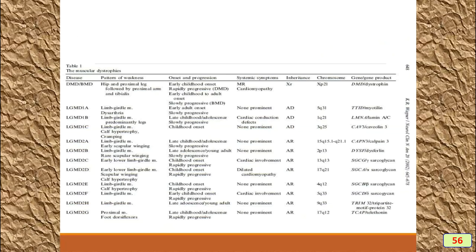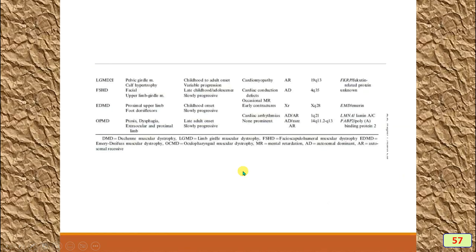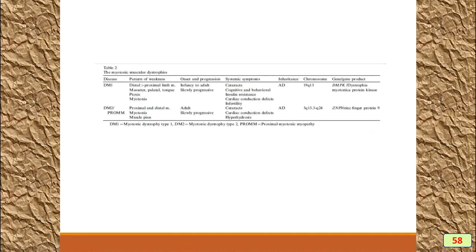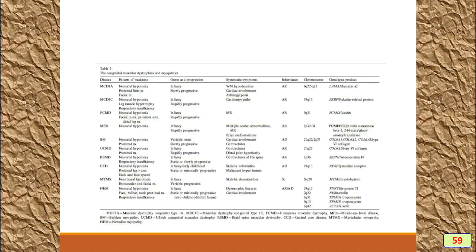Then a lot of muscular dystrophies are present, such as calf muscle dystrophy, limb girdle, and many more. You can refer to them and gain some knowledge, and a lot of disorders are also present, and this much is enough as far as the exam is concerned.